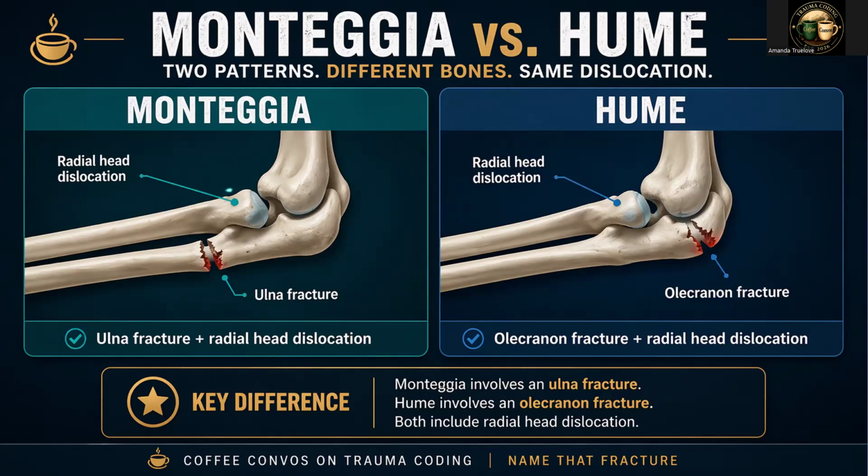So people will see that radial head dislocation and then they'll see a place on that ulna that's fractured and not identify that it's really two different locations where those fracture patterns occur, as you can see here. That is easy to do when you're reading and you're in a hurry. So just take time and pause, take a sip, and relax and read through it one more time when you get ready to assign those out.